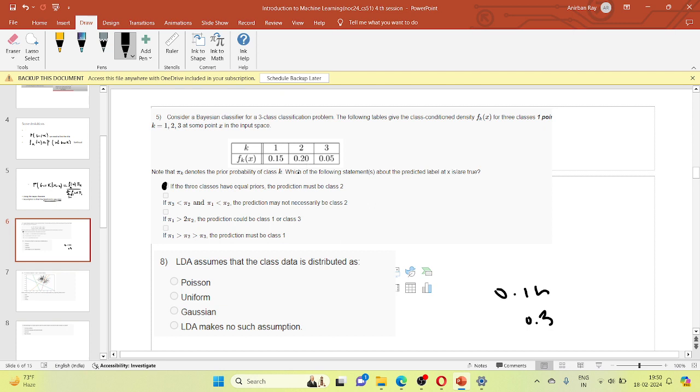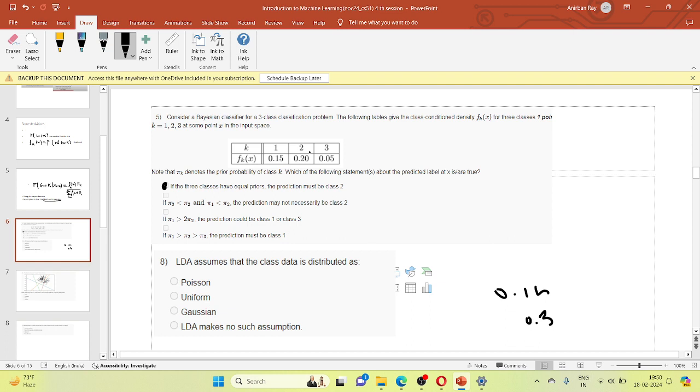So even for the equal case, the probability of class 1 is much larger. But here it is given that it is even more than that. So the probability of occurrence of class 1 is much greater than class 2.